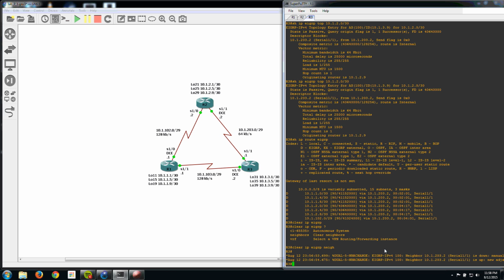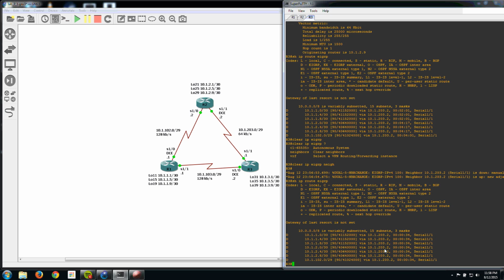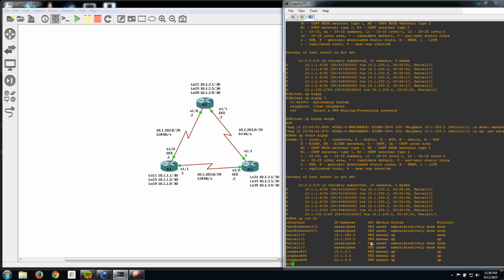I never saw router 1 go away. I want to see if that link went down on me.